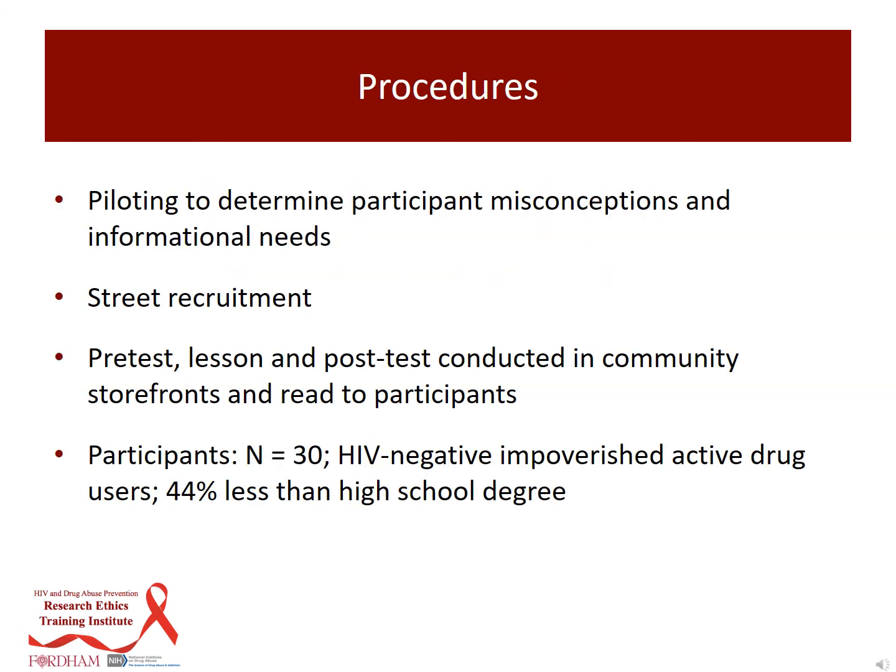The procedures were, we piloted to determine what some of the participant misconceptions and informational needs were. We did street recruitment. So we did a pre-test, a lesson, and a post-test conducted in community storefronts and read to participants. There were 30 HIV negative impoverished active drug users. 44% had less than a high school degree.